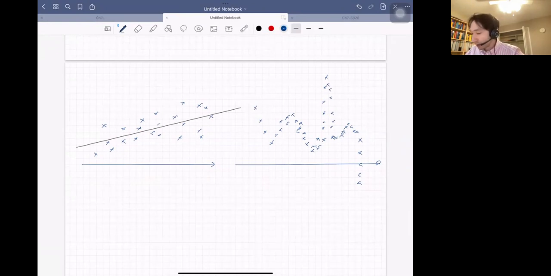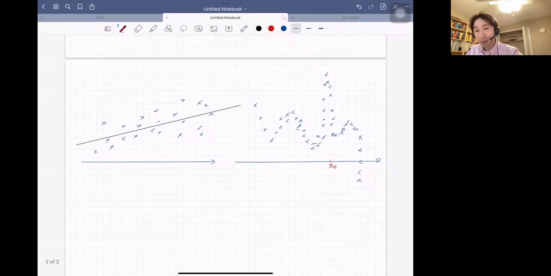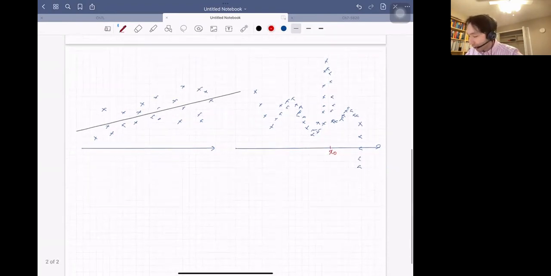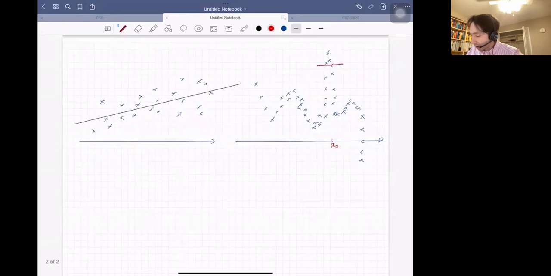For example, maybe a new observation has an x value of here. Then probably we have some peak here, so our estimate is around here. But if we use all observations, probably the fitted line is like this. So it's far away from the local estimate.